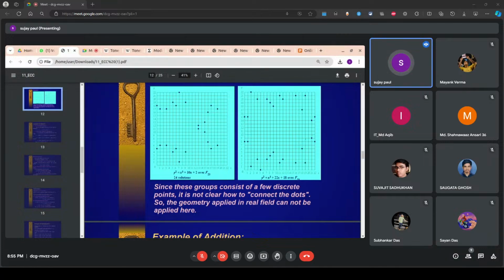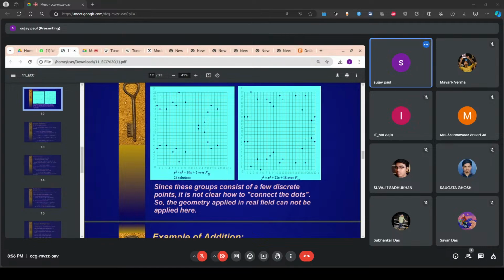Code should not break. All exceptions should be handled properly. Okay. If I give some value, suppose prime number equals 10, it will give an error message that 10 is not a prime number, please provide a proper prime number.